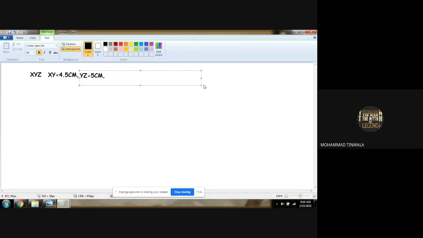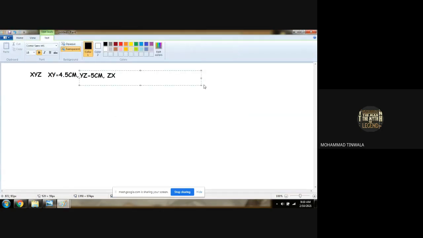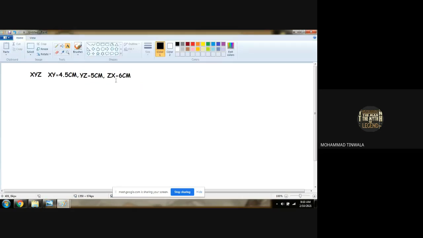And last, ZX is 6 centimeter. Yes or no? Am I correct or wrong?